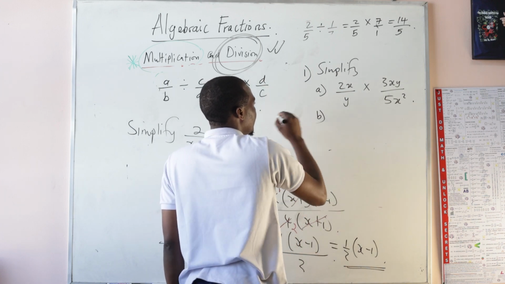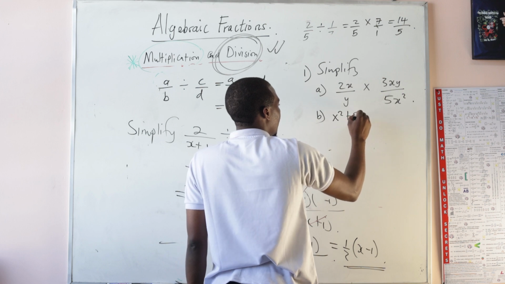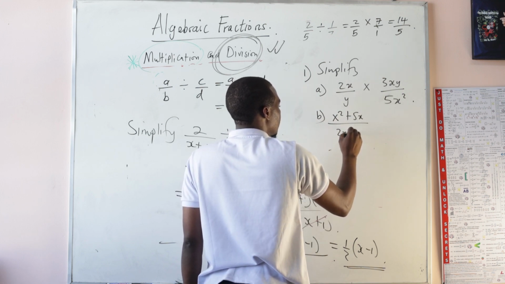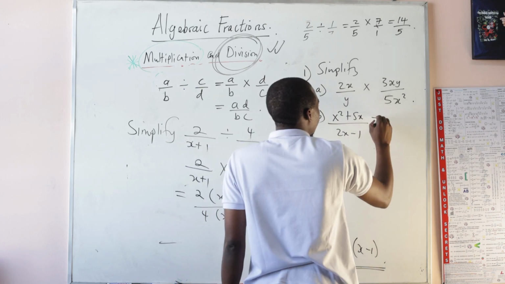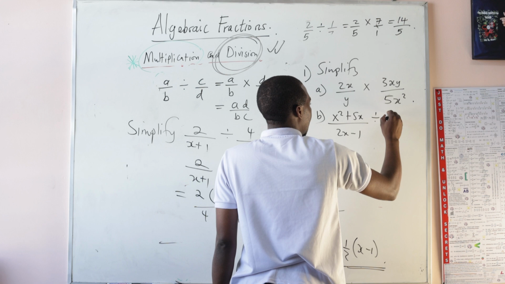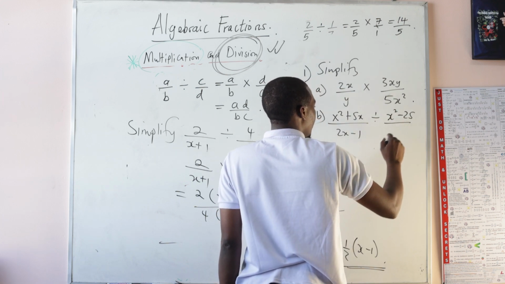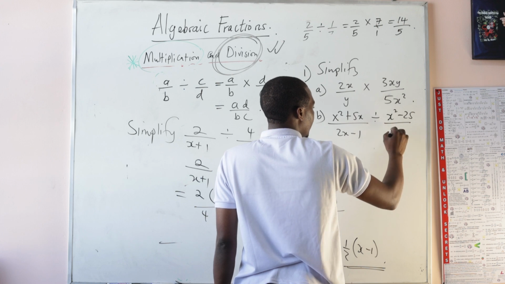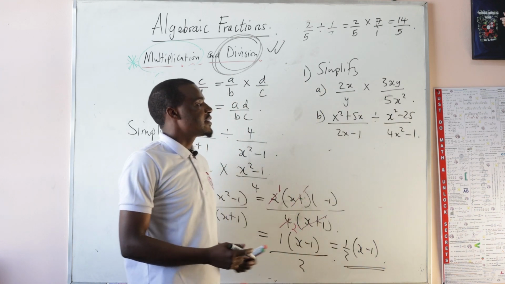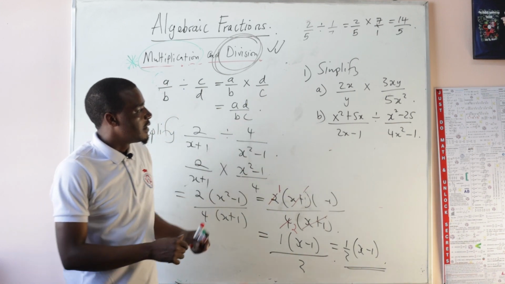On part b, we have x squared plus 5x all over 2x minus 1, and here we are dividing by x squared minus 25 all over 4x squared minus 1. I want you to tackle these two problems on the board.